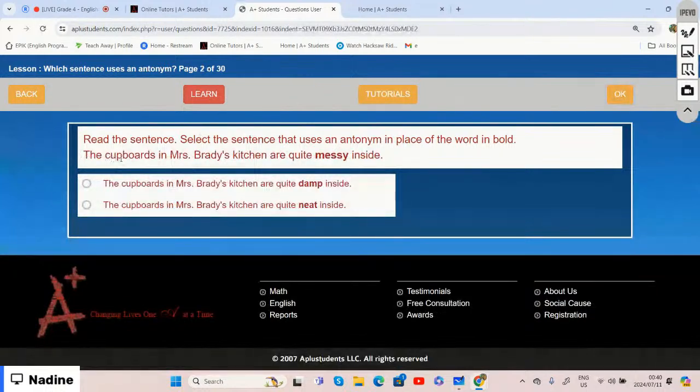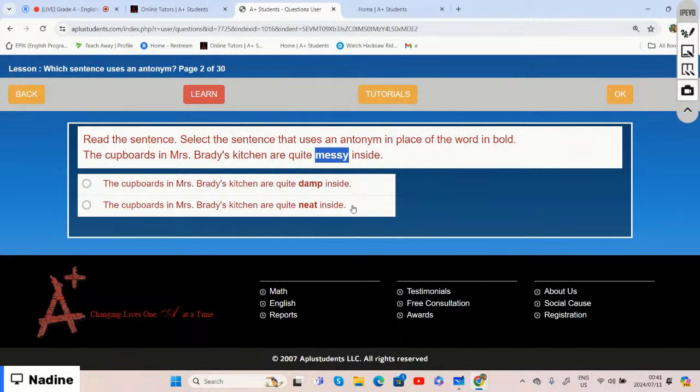It says the cupboards in Mrs. Brady's kitchen are quite messy inside. The opposite of messy: are the cupboards in Mrs. Brady's kitchen quite damp inside or quite neat inside? Damp, option one, or neat, option two? Yes, that is correct.